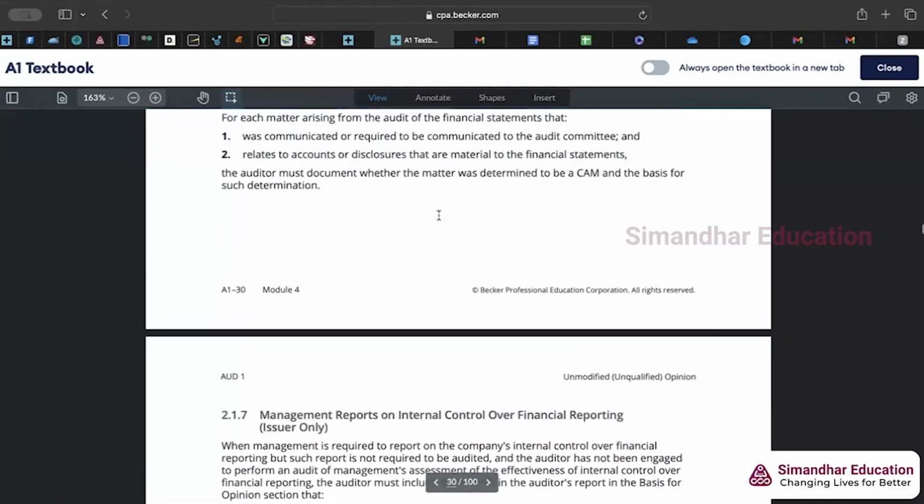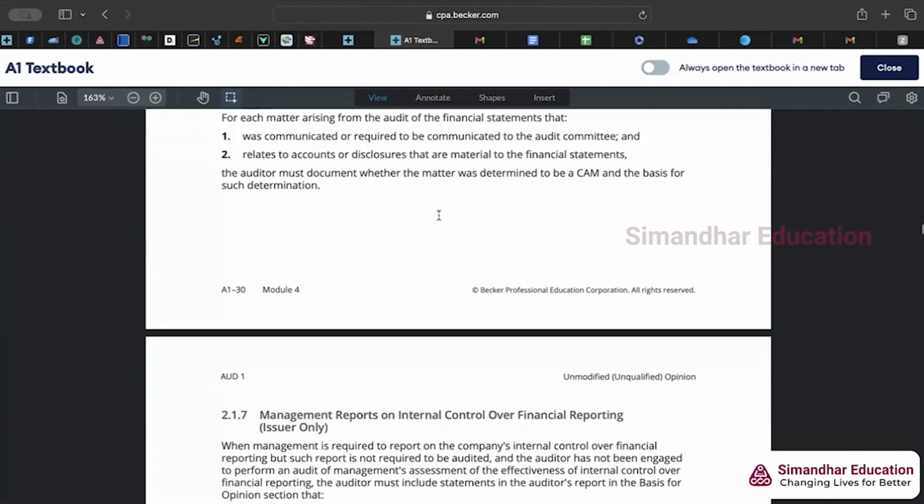What do you mean by pervasive? It is not limited to only one element of your financial statements or one account of financial statements. If it is limited to one account, that one account is so substantial that it will cover most of your assets or liabilities.